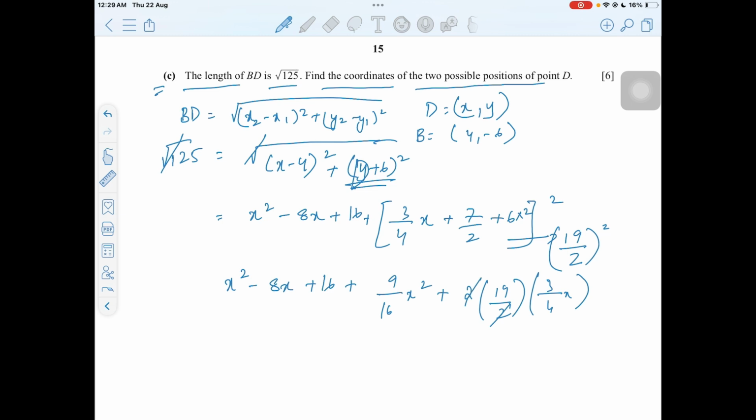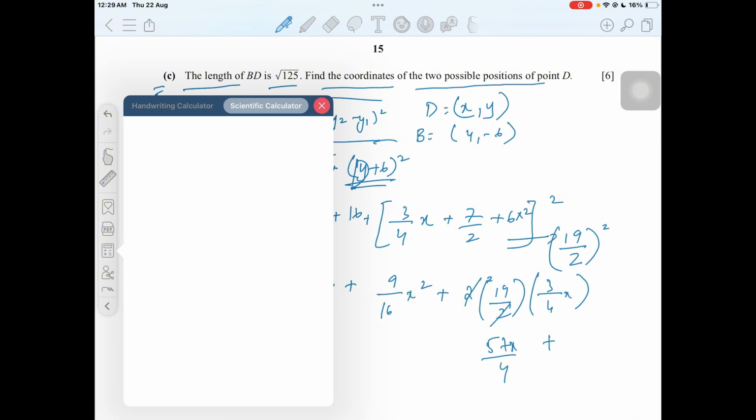We get this as 19 into 3 would be 57x. I guess this would be 57x upon 4. And then 19 upon 2 would be squared. So let's just take the calculator.